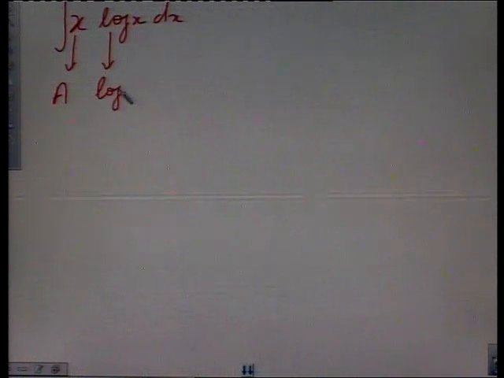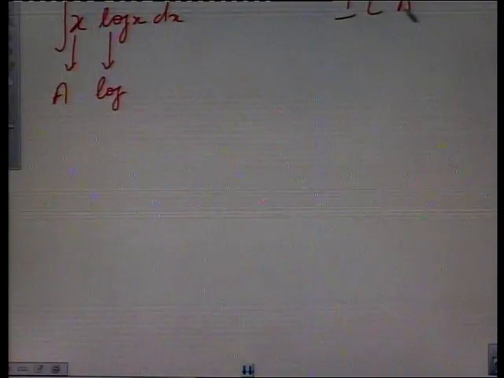Similarly, now let us have one more question. We will have here, for example, let us have x into log x dx. Again, we know that this one is our algebraic function and this is our logarithmic function. So, what is the ILATE method?